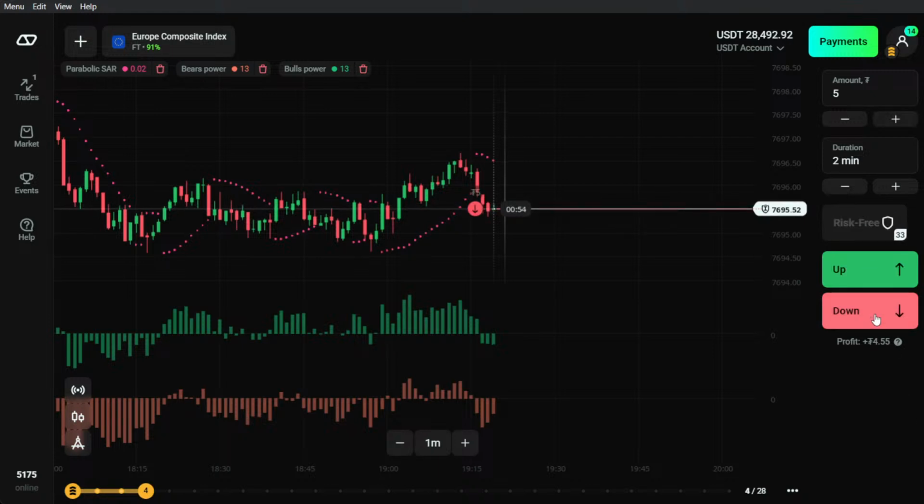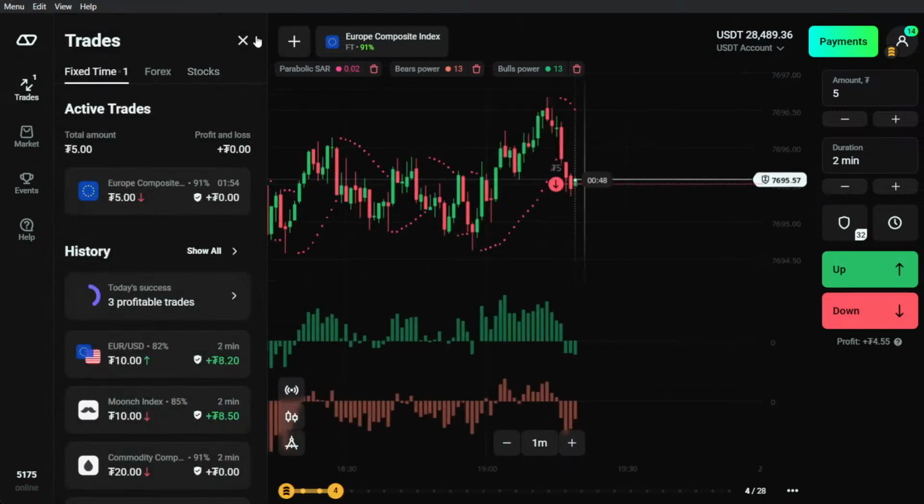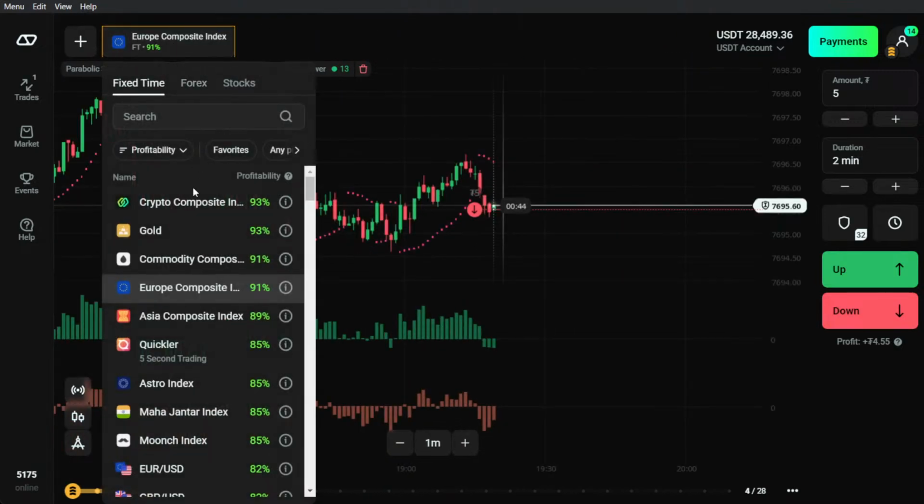I still see a down signal, so I've made a down trade here using a $5 risk free. Let's see how this one goes. I feel it would go down. Okay, let's see.